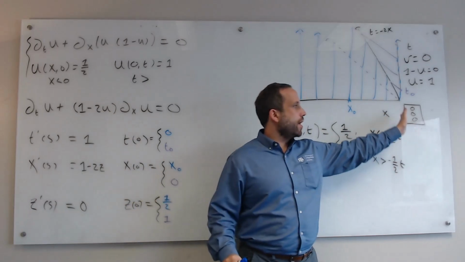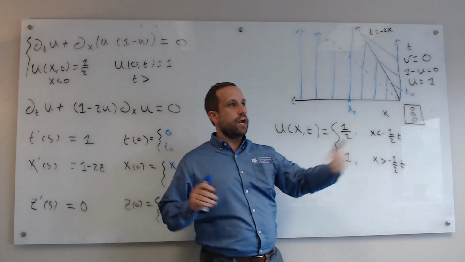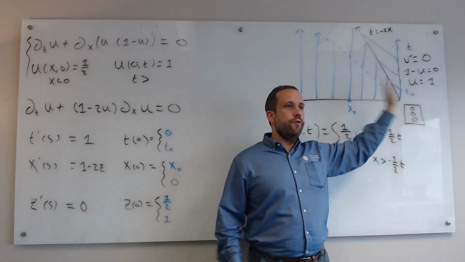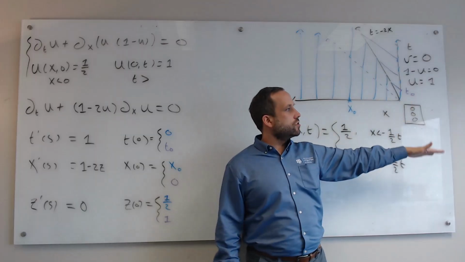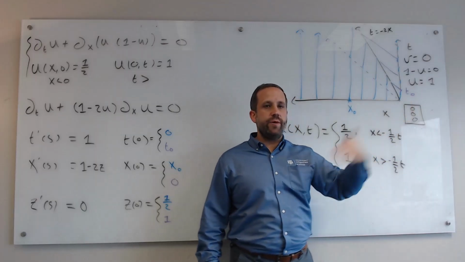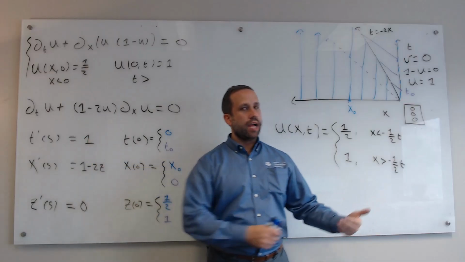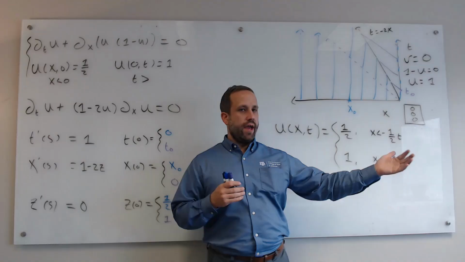The slamming on the brakes propagates all the way back to you. If there's a lot of cars, it's going to propagate far back to you. At some point, these cars are going to move forward. And when these cars start moving forward, the expansion wave that we talked about last week is going to propagate back to you. So you're going to have this initial shock followed by this expansion wave.